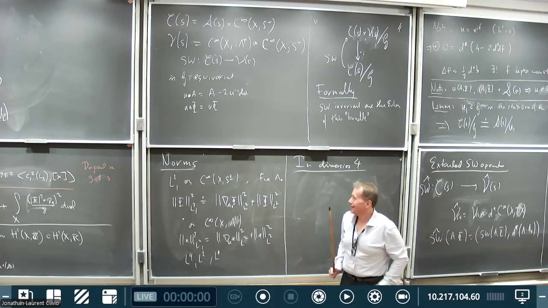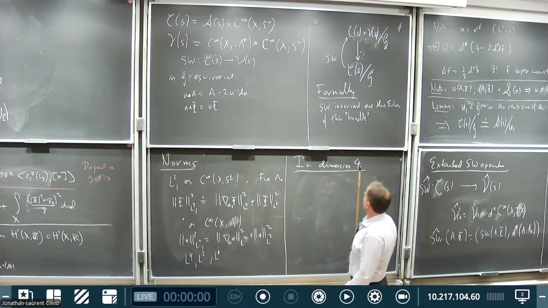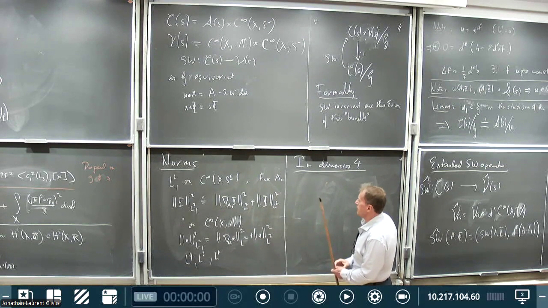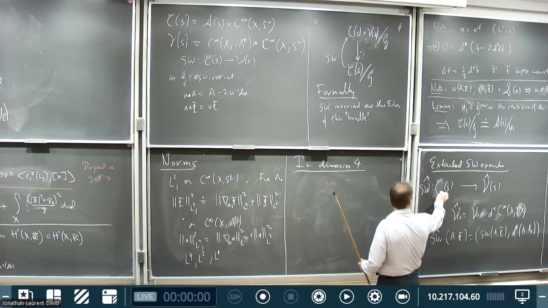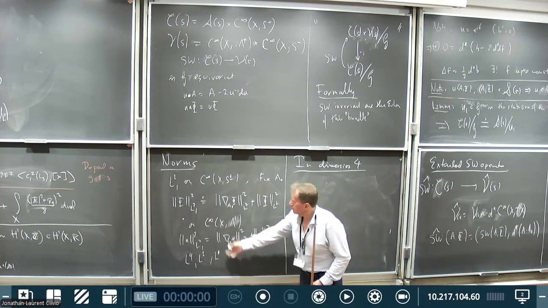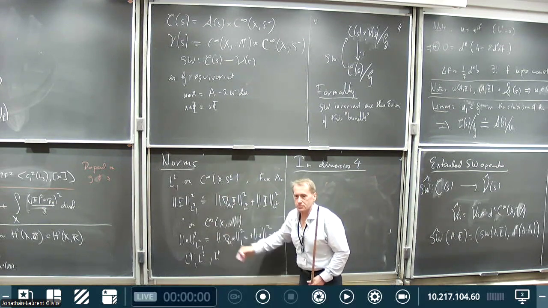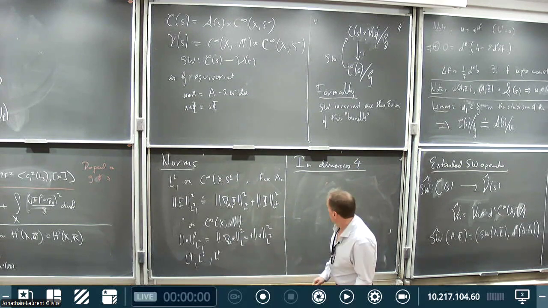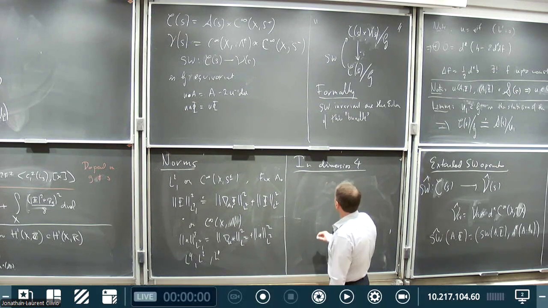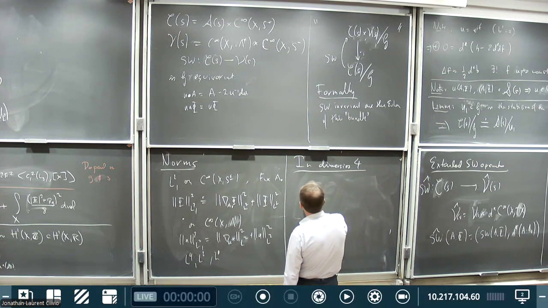We're talking about smooth things, but that's not where it's proper. It's going to be proper on the completion of these spaces with respect to these norms. But a little more about these norms in dimension 4.